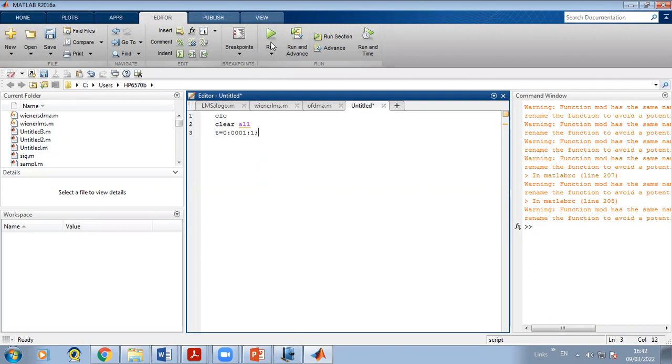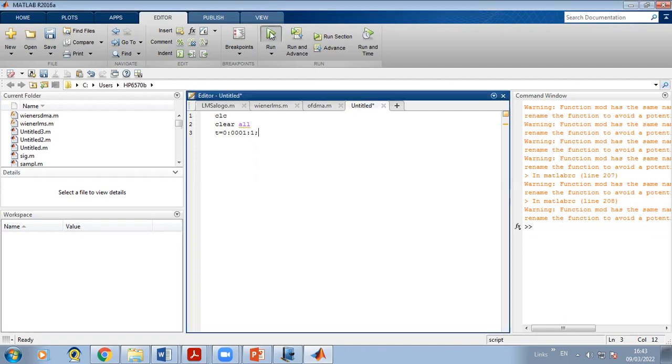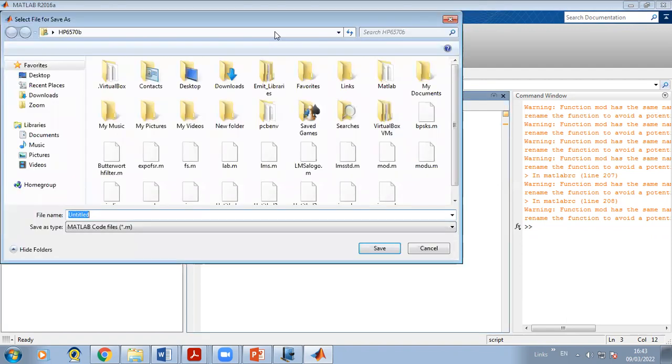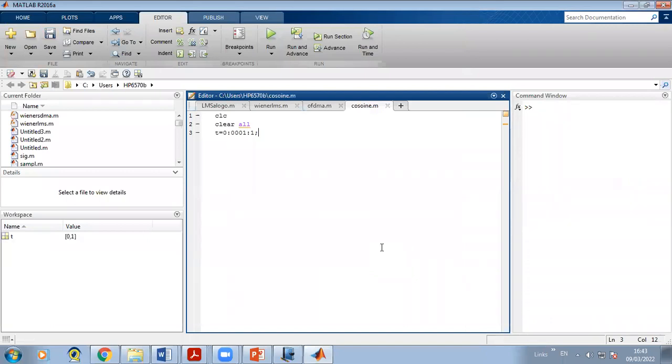Okay, if you have run this, you have to save the file. Okay, so Sine or something. Then you can see that we had some t value.